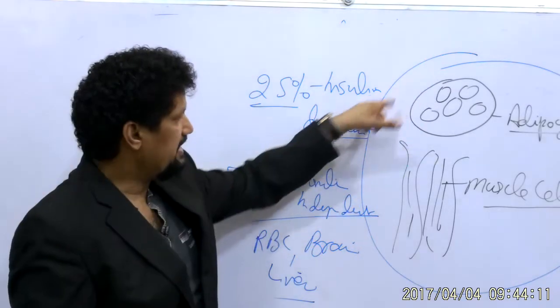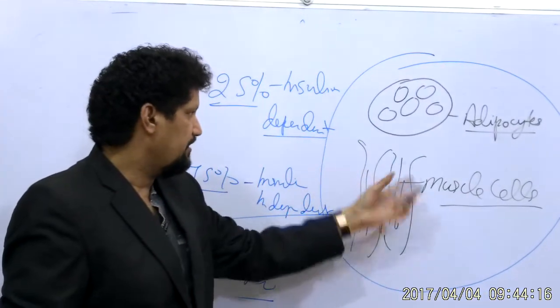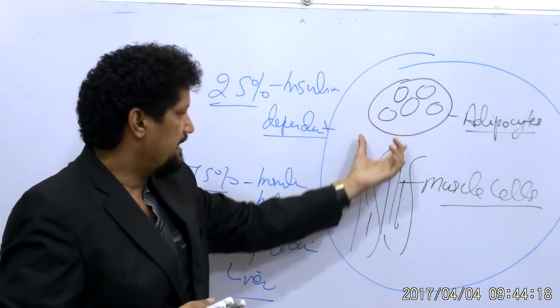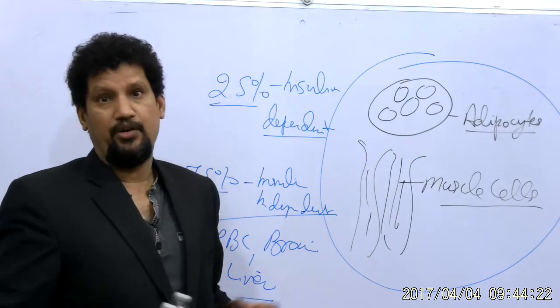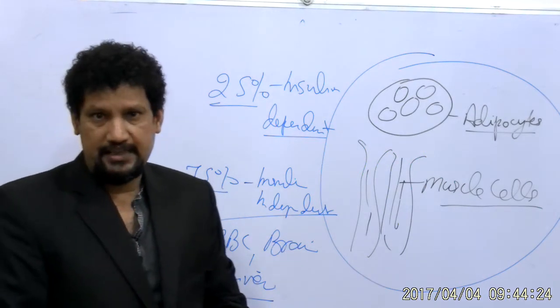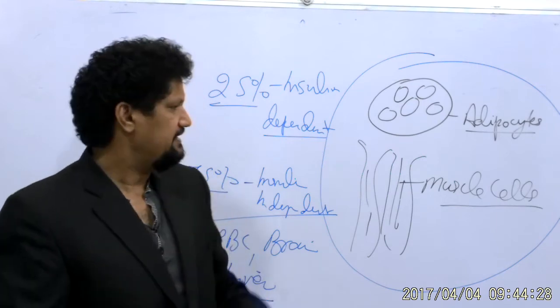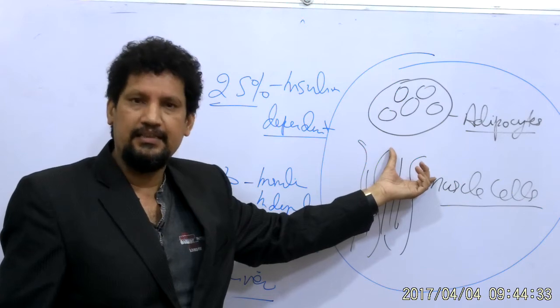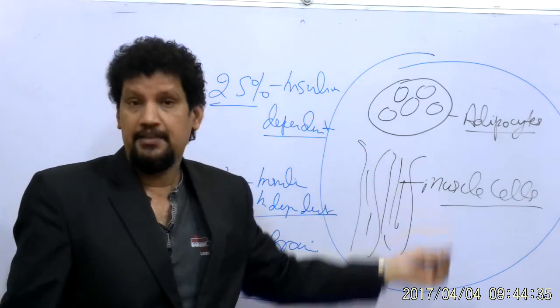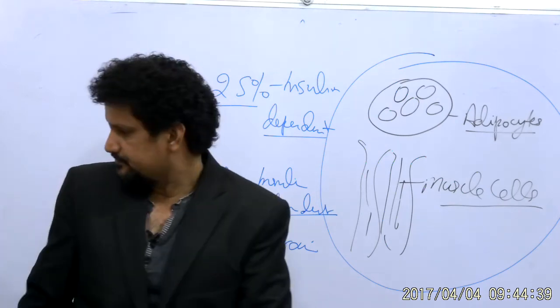So the 25% insulin dependent glucose channels are found in the adipose and muscle cells. The remaining 75% entry of glucose in the body cells and utilization is insulin independent. So this 25% insulin dependent utilization of glucose plays a key role in the genesis of diabetes mellitus.